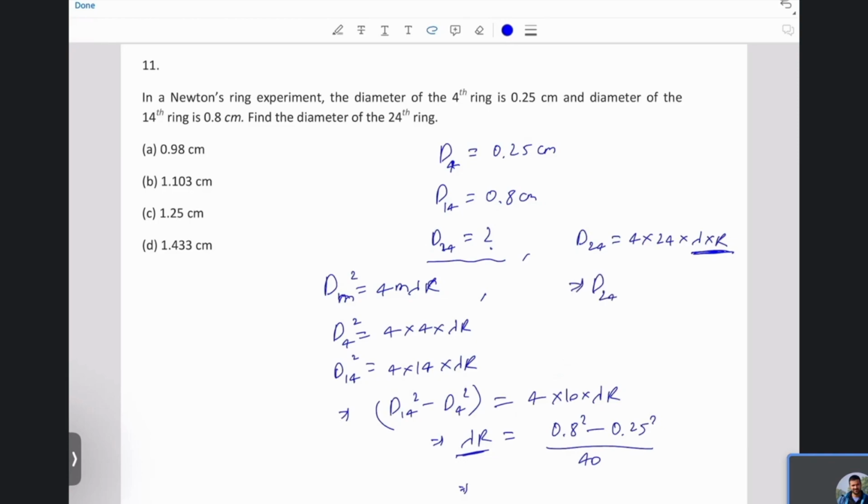So d24 square is just 4 into 24 into 0.8 square minus 0.25 square divided by 40. Correct?